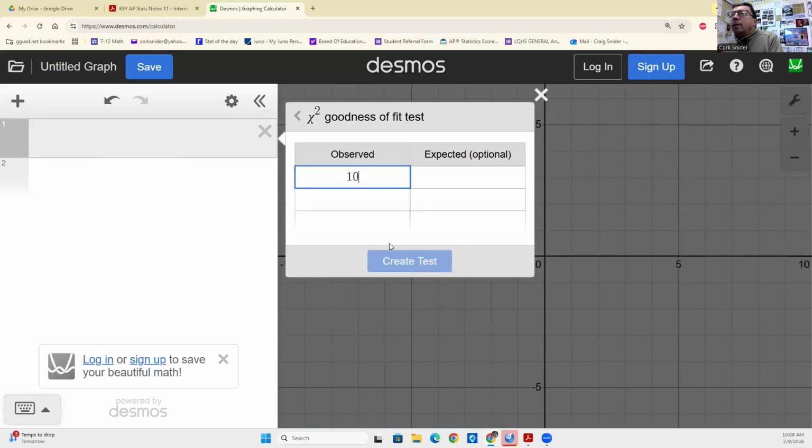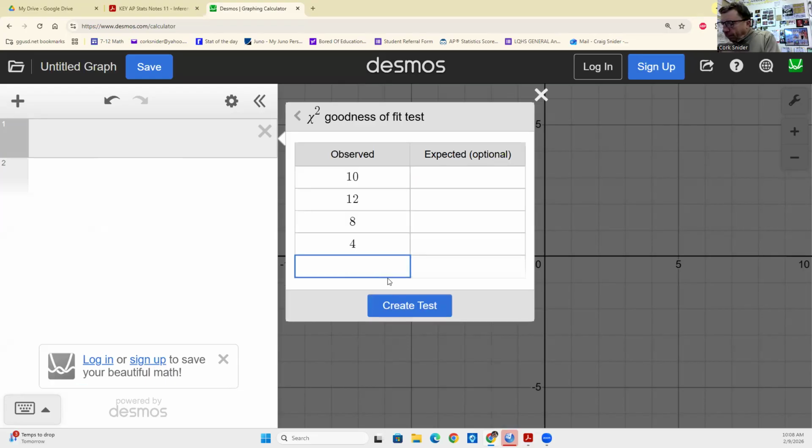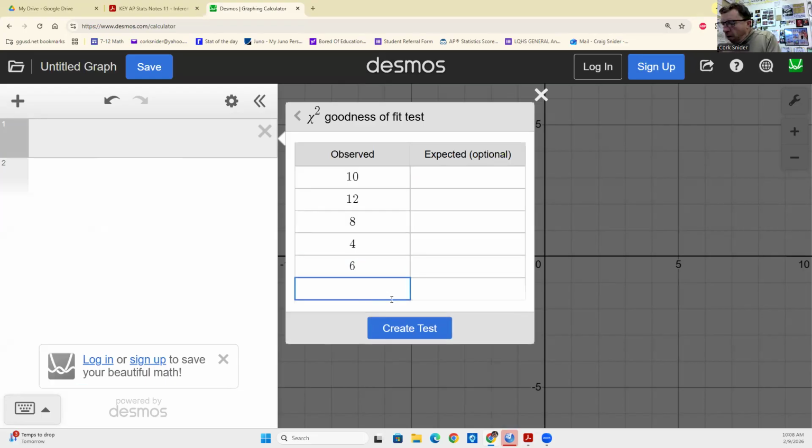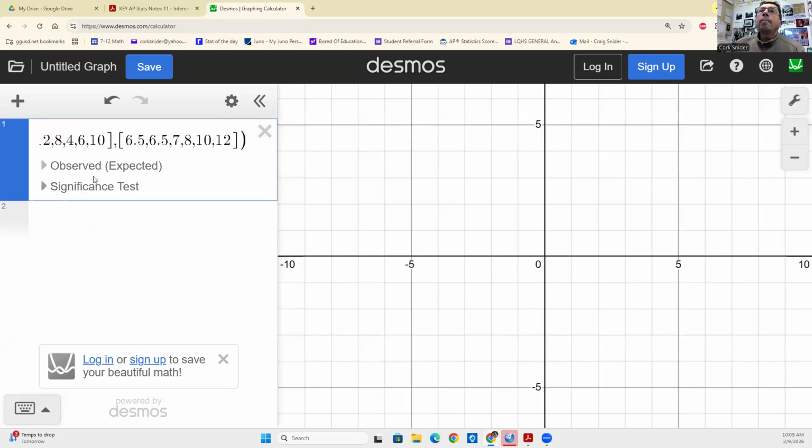Observed data: 10, 12, 8, 4, 6, 10. Expected data. I have to type it in this time because it's not evenly distributed. 6.5, 6.5, 7, 8, 10, 12, enter. All right. Create test.